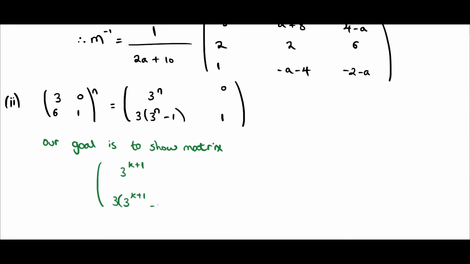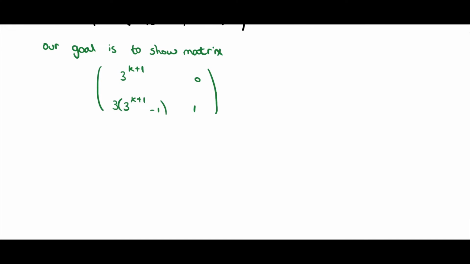That's our goal. So, with our first step in proof by induction, step 1 would be our basis step. And what we mean by this is we need to essentially show that the result is true when n equals 1.